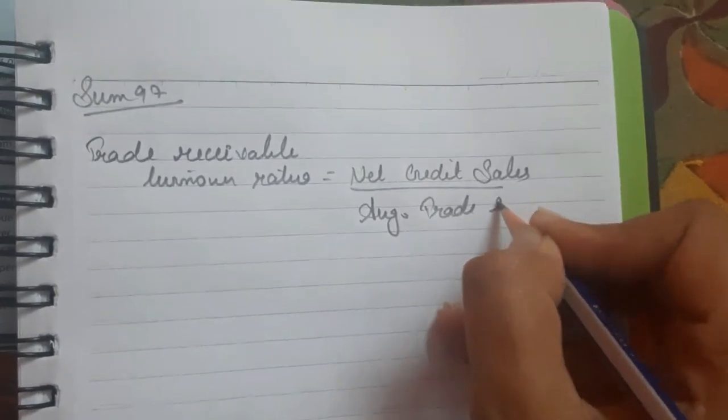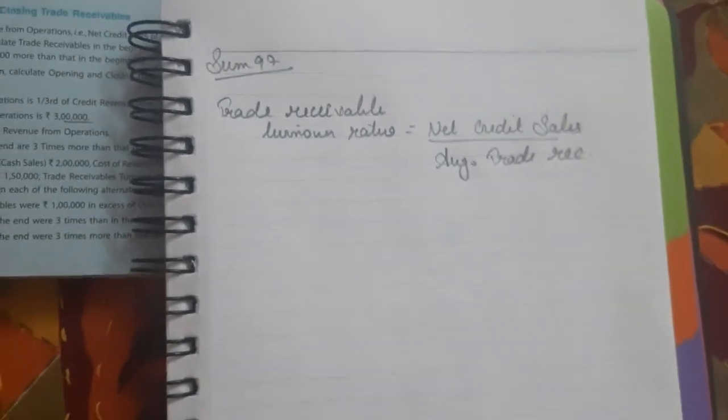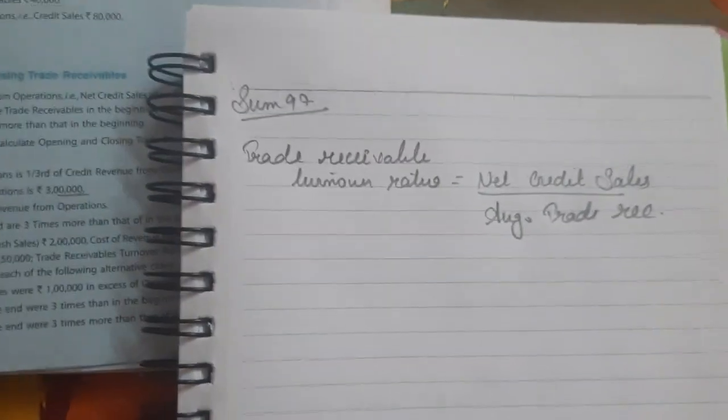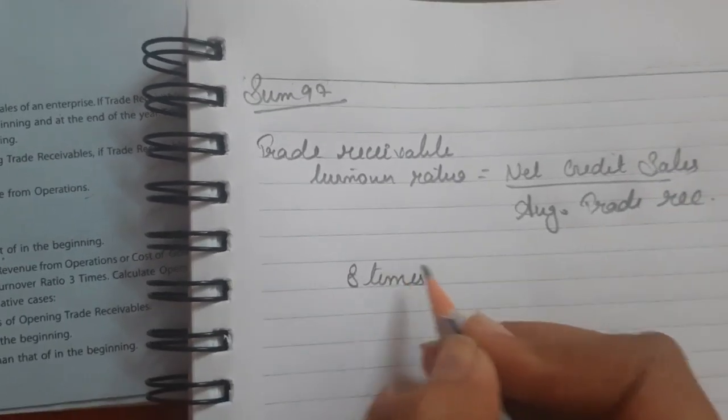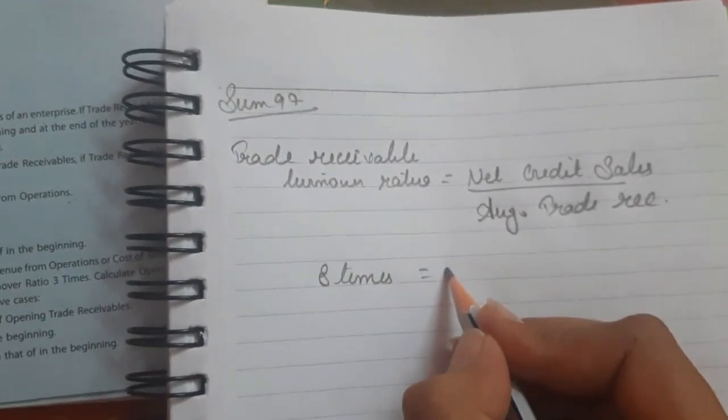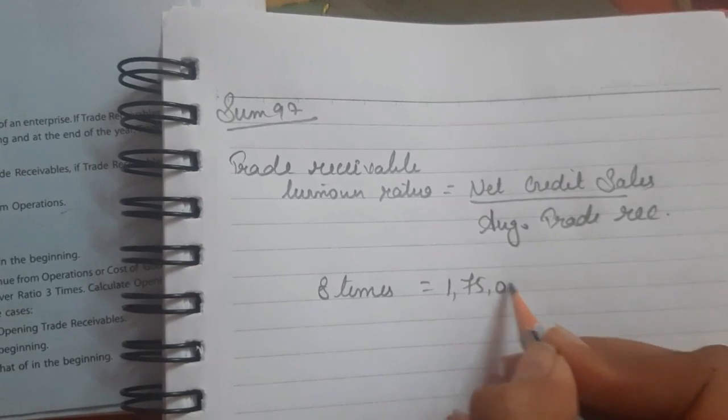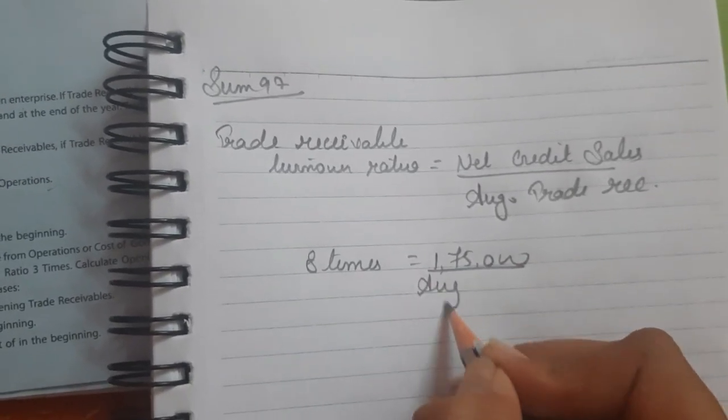Okay, now here trade receivable turnover ratio is given to you and even net credit sales is given to you. Trade receivable turnover is 8 times and net credit sales is given as 1,75,000, and this is average trade receivables.